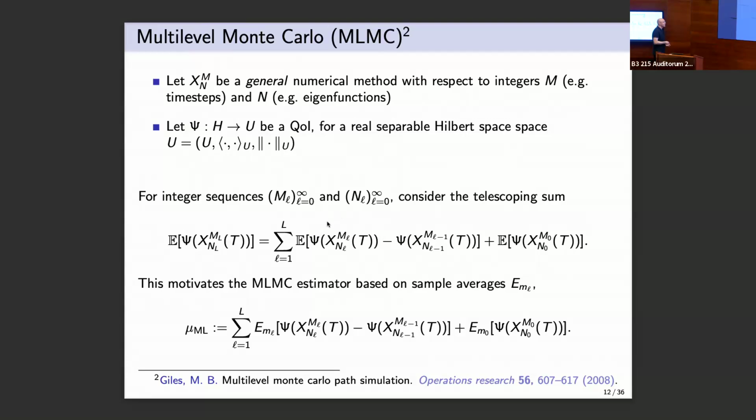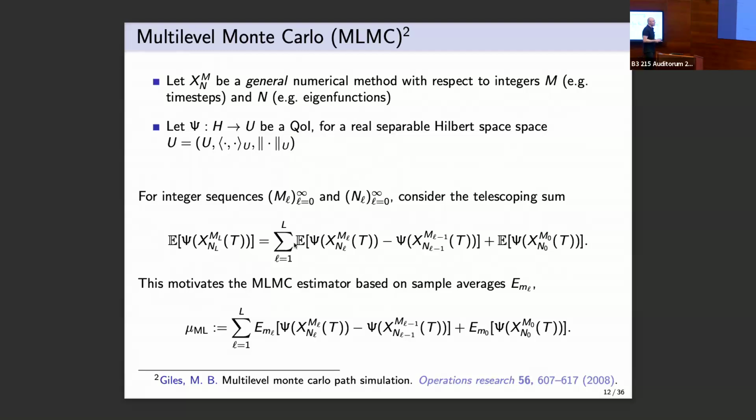And then I can say, well, suppose now M capital L and L capital L are very large numbers, and this is my weak approximation of the quantity of interest. Well, since the expectation is a linear operator, it satisfies this equality here. So I'm just exploiting that the right-hand side is a telescoping sum.